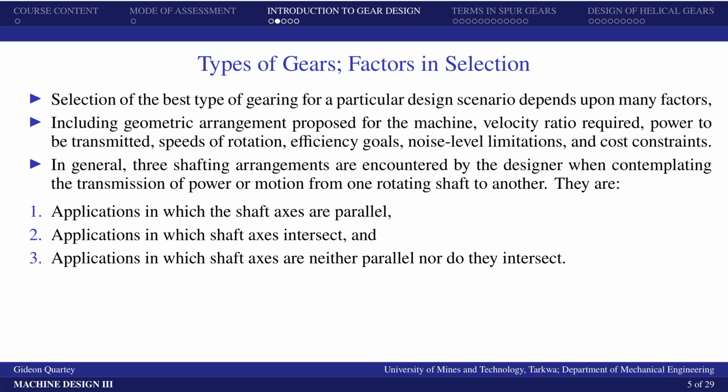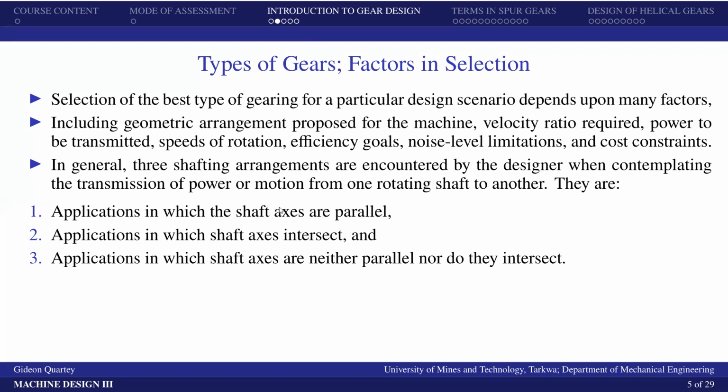In general, there are three shafting arrangements considered by designers when contemplating the transmission of power or motion from one rotating shaft to the other. Each shaft arrangement would have different gear types or configurations. The first one is the application in which the shaft axes are parallel. That is, we have two shafts, one the input and the other the output, and the axes of the two are parallel.